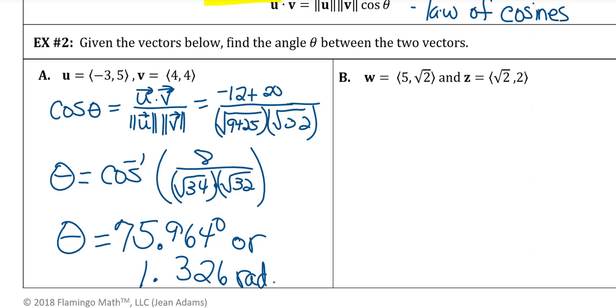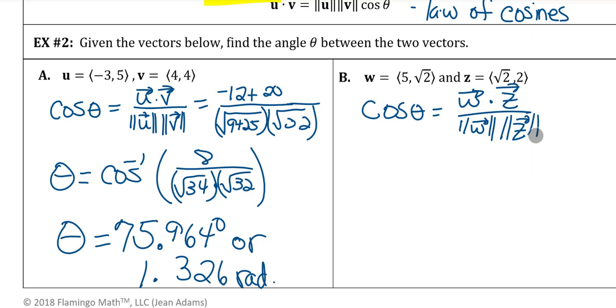Same for part B. We have W and Z, and we want to find the angle between the two of them. We start with cosine of theta equals W dot Z over the magnitude of W times the magnitude of Z. Let me fill in some numbers here first.